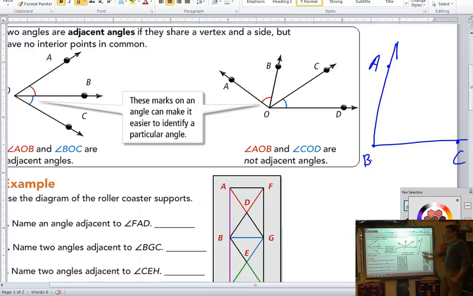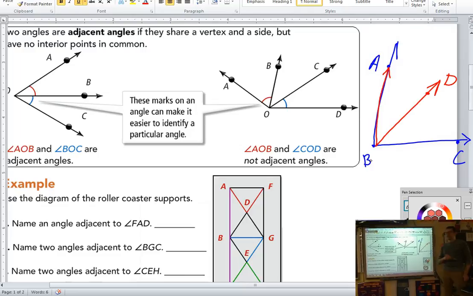ABC. So my vertex is B. These are both rays. And then I had angle ABD, but it's inside of here. So it uses ray AB. It shares the vertex B. So are these adjacent? The answer is no.